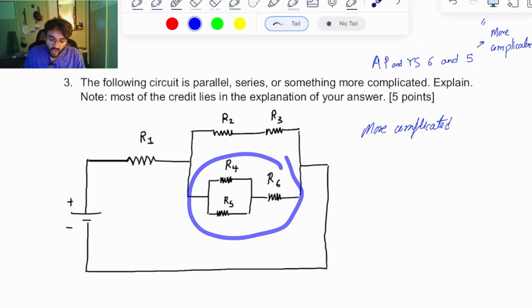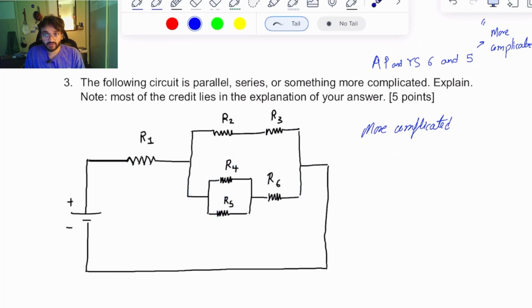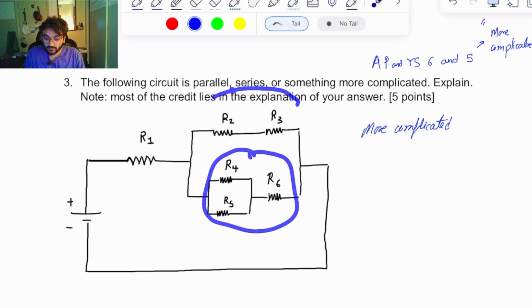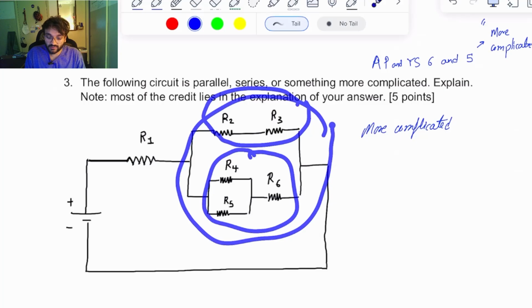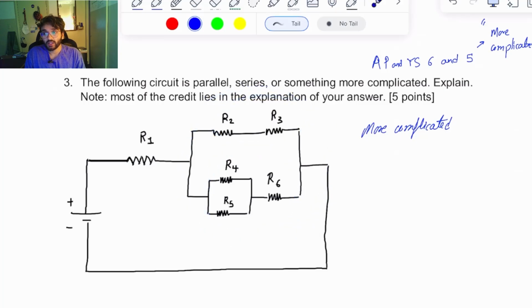This whole bunch, R4, R5, R6, and by the way, these are resistors named with R sub number, is in parallel with R2, R3. And the whole combination R2, R3, R4, R5, R6 is in series with R1. That is the explanation of why it is more complicated.